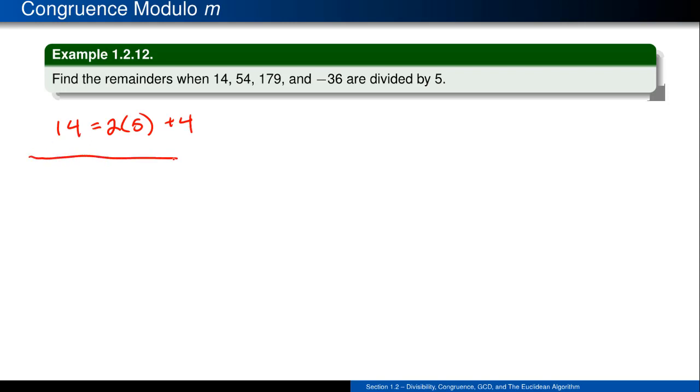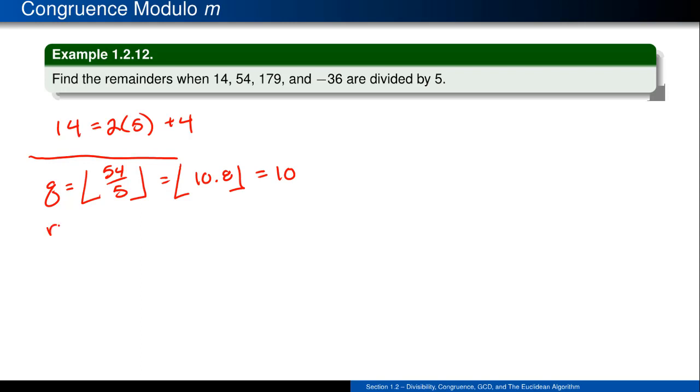All right, let's try to do 54, and maybe we'll use this little formula. If I take 54 divided by 5, that helps create the quotient, which is 54 over 5. That's something like 10.8-ish, and flooring that turns into a 10.